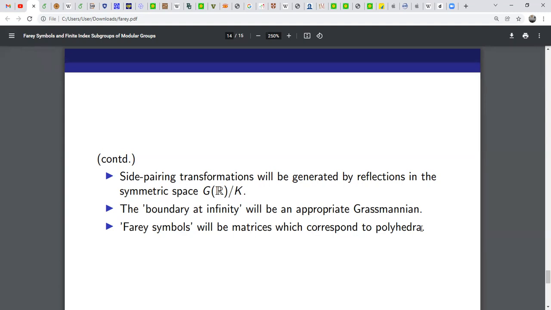So side pairing transformations will correspond to Farey symbols, and some cases in this regard have already been worked out. There is some progress in this direction, but the idea was to propose a framework in which everything can be encompassed.